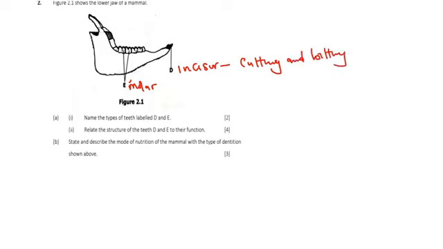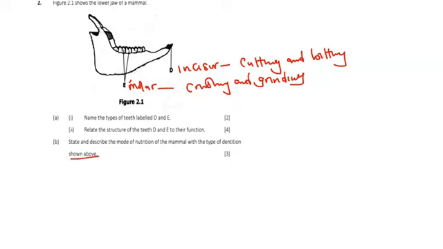Then this, crushing and grinding. Okay, then state and describe the mode of nutrition of the mammal with this type of dentition.